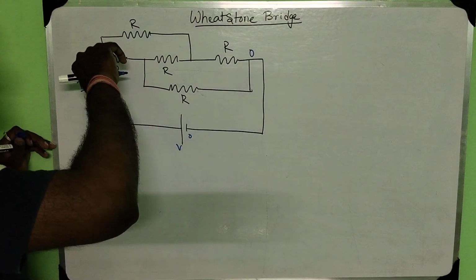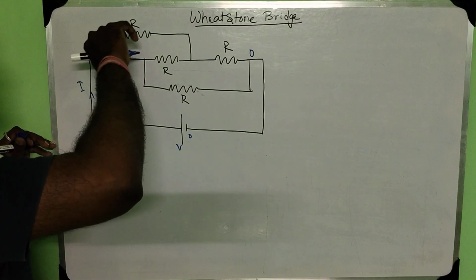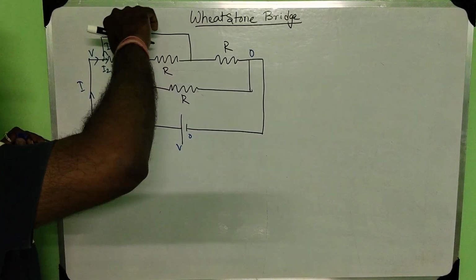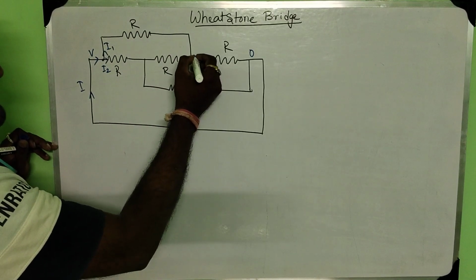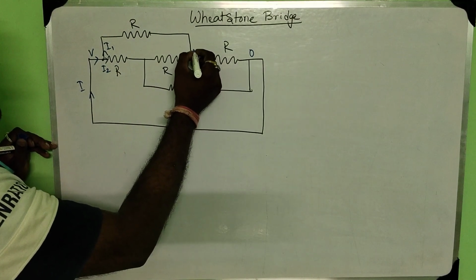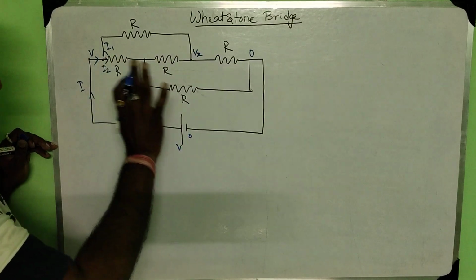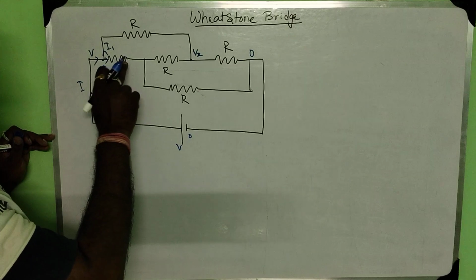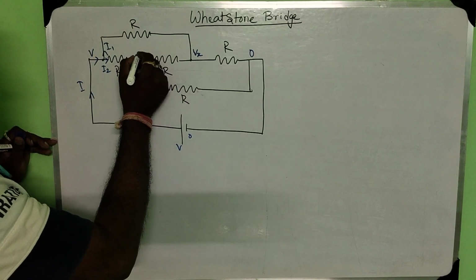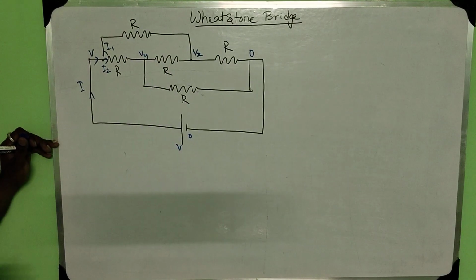Obviously, the current will flow in this branch, and there is a resistance. There is a potential drop in this resistor, and let's say at this terminal the voltage will be Vx. Again the current will flow in this resistance, and let's say the voltage will be Vy.